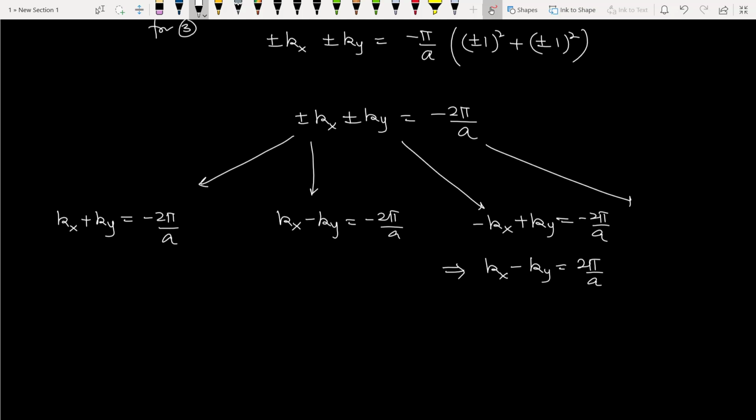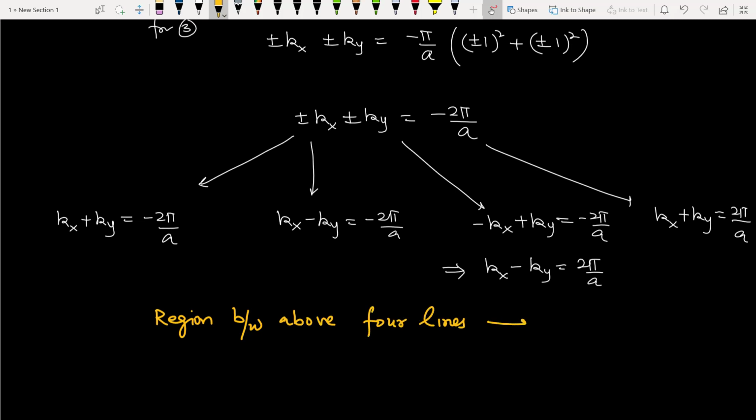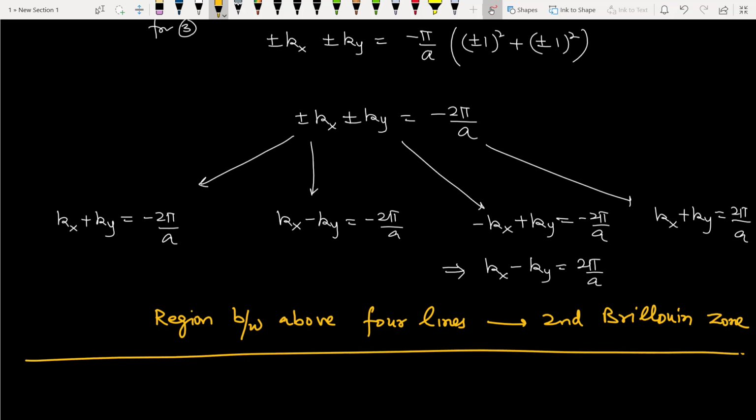And the last equation is kx plus ky equal to 2 pi by a, minus taken common. The region between the above 4 lines is called second Brillouin zone. And in this way, we can draw the various Brillouin zones, second Brillouin zone and third Brillouin zone respectively.